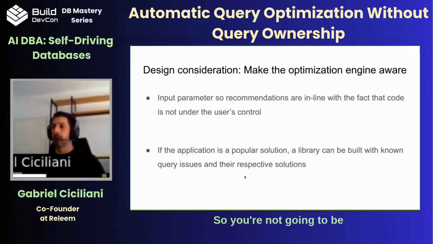So you're not going to be recommending any query changes or code changes, but you can point them to solutions that the community found for certain performance issues, or perhaps upgrades that would fix the problem, patches, etc. So these two aim to bring a better user experience, and again, avoid sending users things they really can't do anything with.